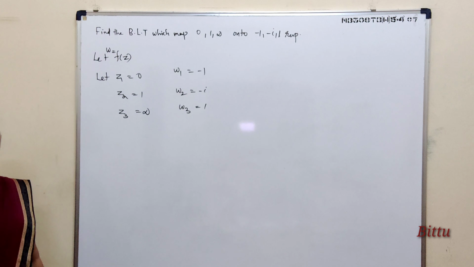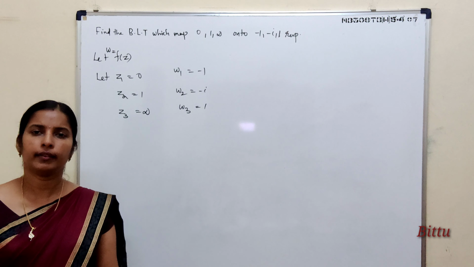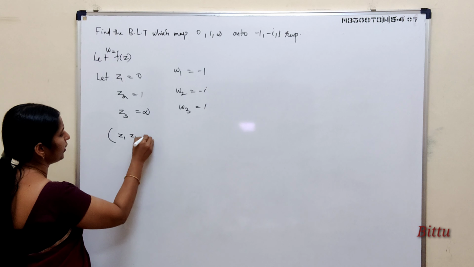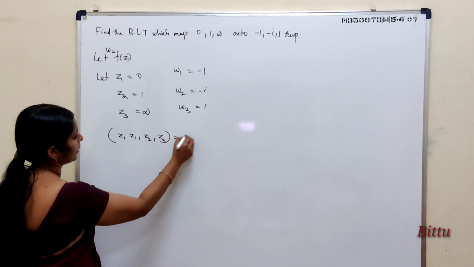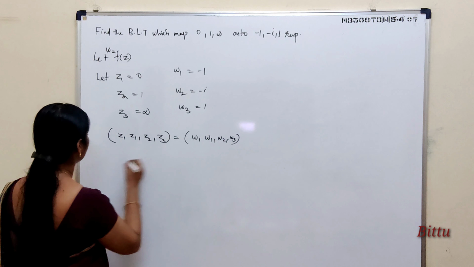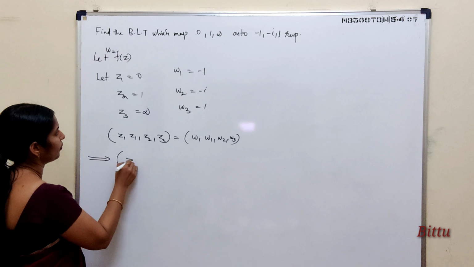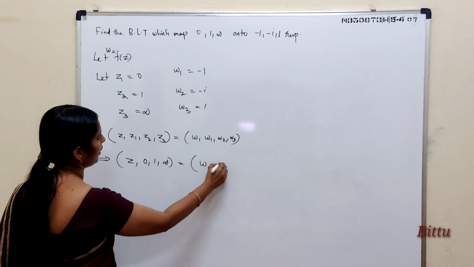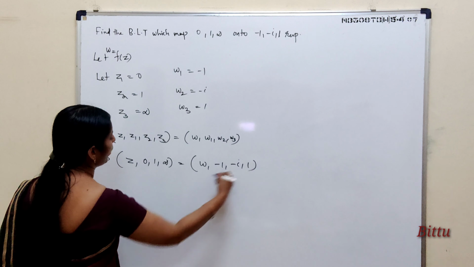We have cross ratio is invariant under any bilinear transformation. So, cross ratio of Z, Z1, Z2, Z3 is same as cross ratio of omega, omega 1, omega 2, omega 3. Which implies cross ratio of z, 0, 1, infinity is equal to cross ratio of omega, minus 1, minus i, 1.